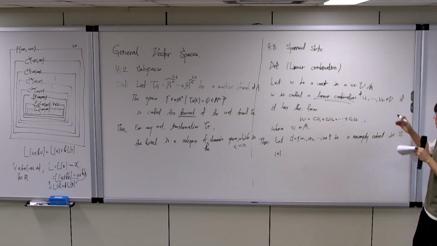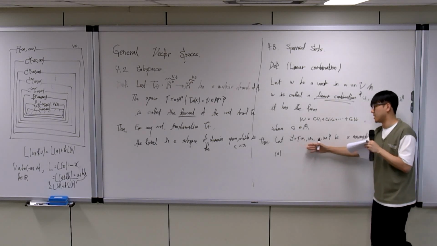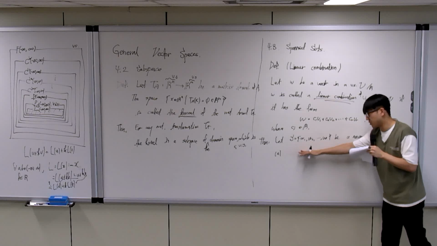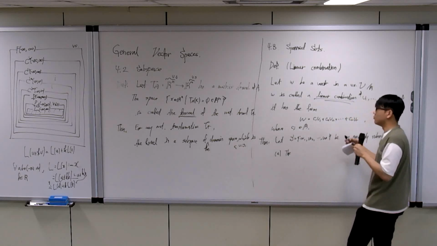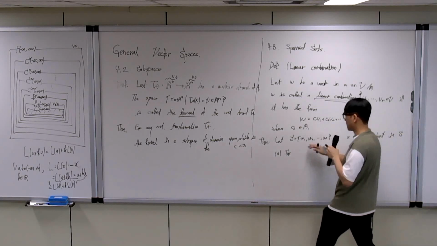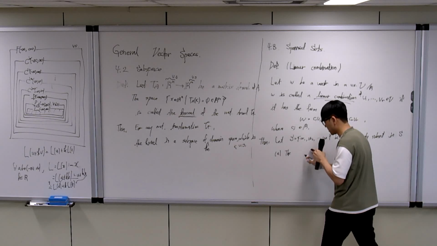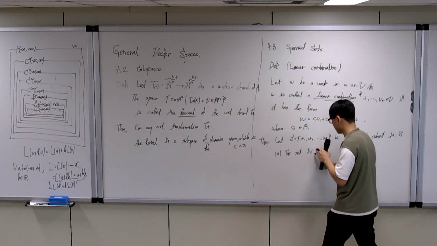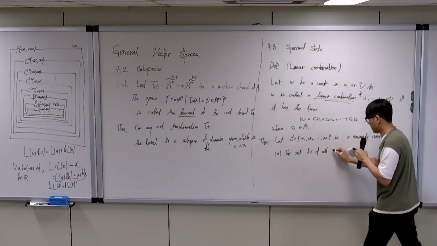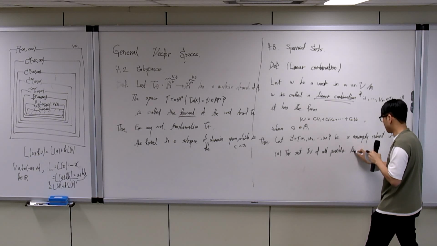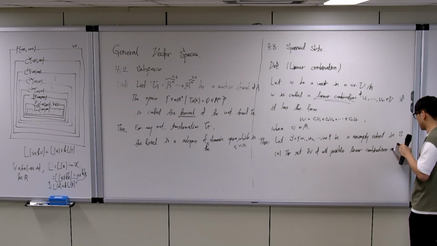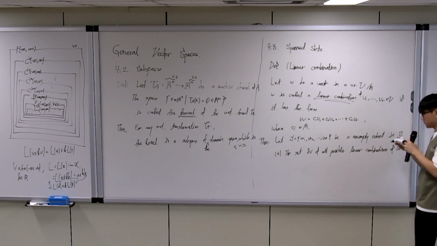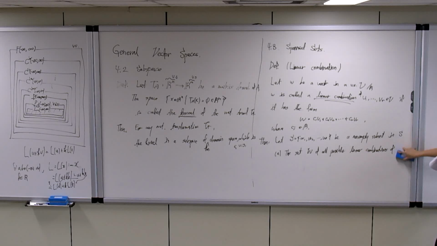Then we might consider the linear combinations of W1 to WR, and we will construct a set W of all the possible linear combinations of vectors in S.